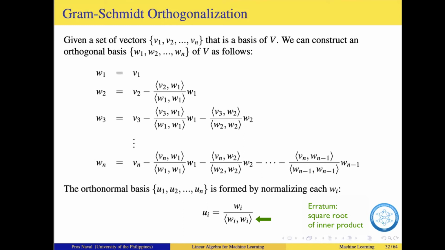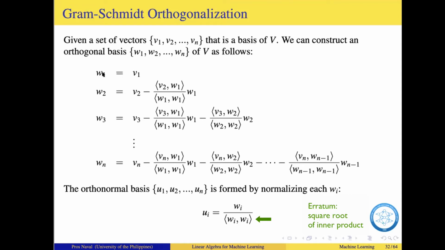So in GSO, we are given a set of vectors v1 up to vn that is a basis of your vector space B. We construct an orthogonal basis of V, and that orthogonal basis is your set of vectors W1, W2 up to Wn. And the procedure is as follows.